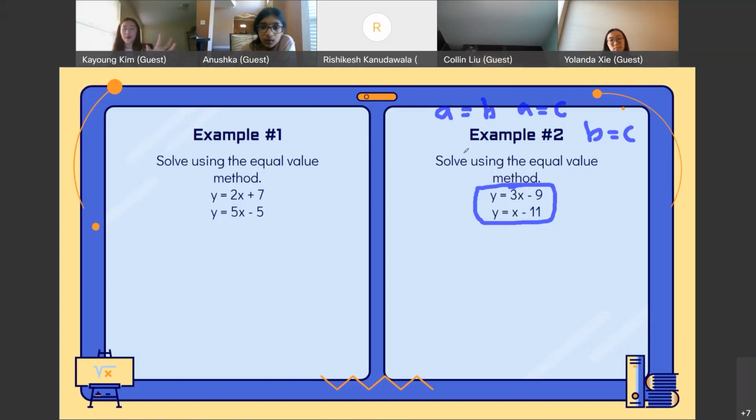If y equals this thing with x's, 3x minus 9, and y also equals some other x thing, x minus 11, then do the two x things equal each other? Yes.